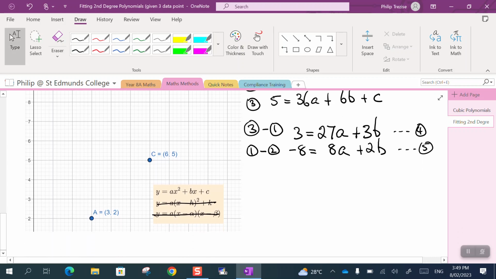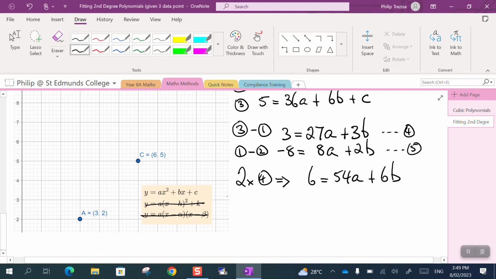Now, I think the pronumeral b will be the easiest one to work with, and I've got 3 and then 2 of them. So what if I go 2 multiplied by equation 4? So 2 3s are 6. 2 times 27 is 54a, and then 2 times 3b is 6b. Now what if I go negative 3 multiplied by equation 5?